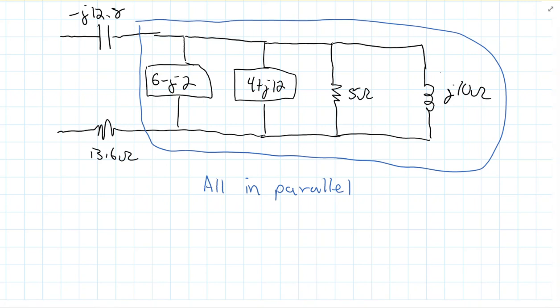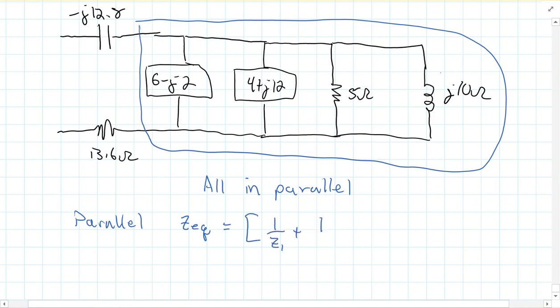Now if you're in parallel, remember these impedances behave just as resistors. So if you're in parallel, you would do 1 over Z1 plus 1 over Z2 plus dot dot dot 1 over Zn, all to the negative 1.